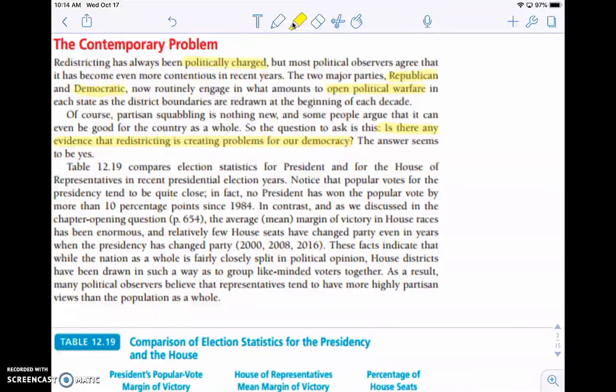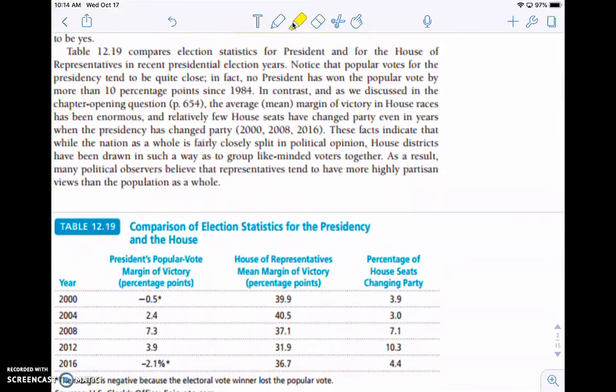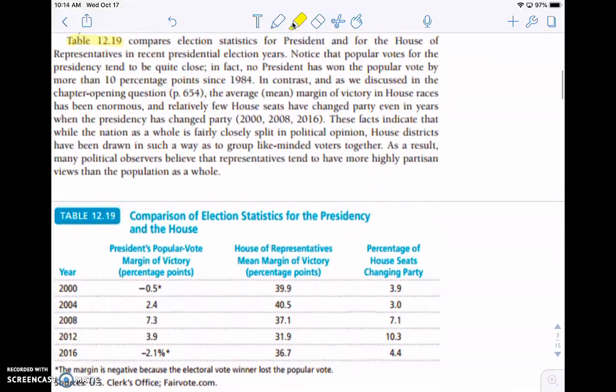So you can read a little bit into what this next paragraph is talking about. But essentially, if we look at table 12.9, so I'll just leave that paragraph there. In 12.9, if you look at the margin of victory for the president's popular vote, if you see a negative, that means that the president actually lost the popular vote but won the Electoral College.